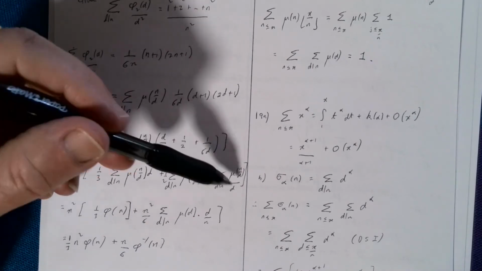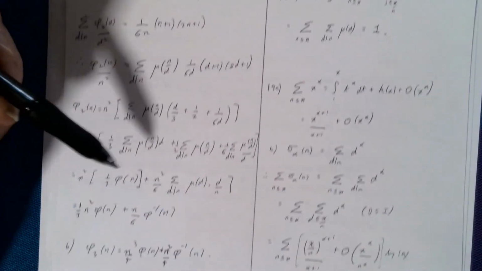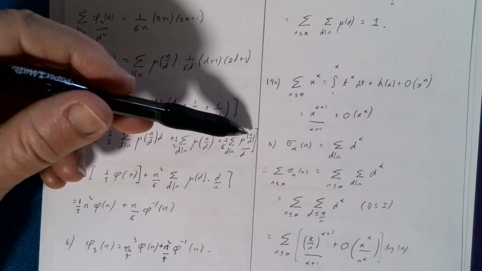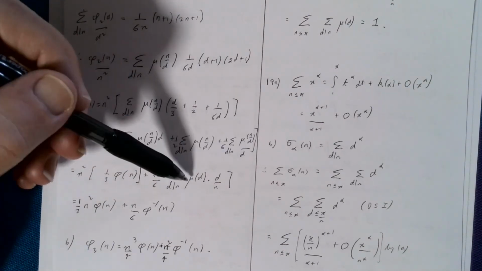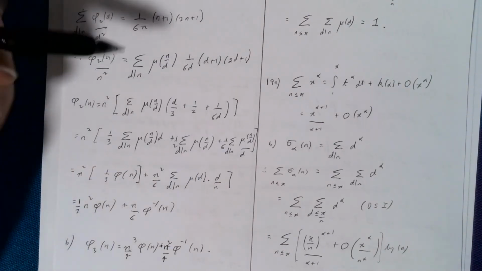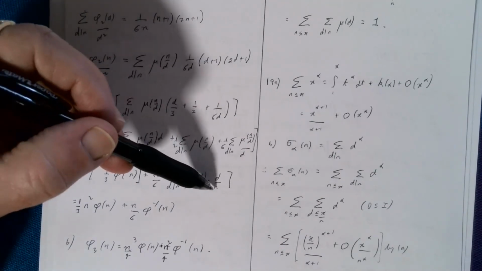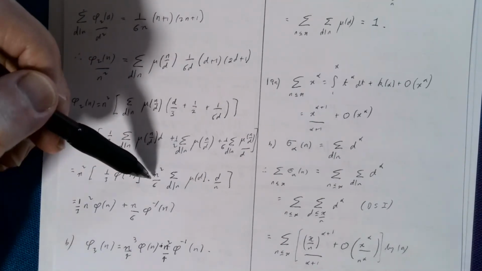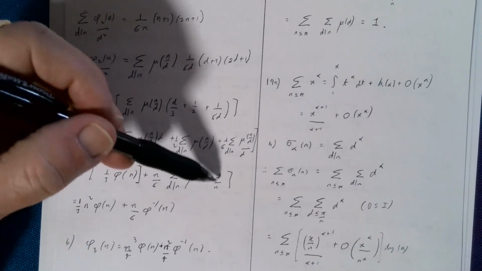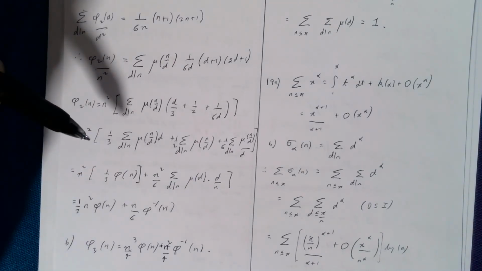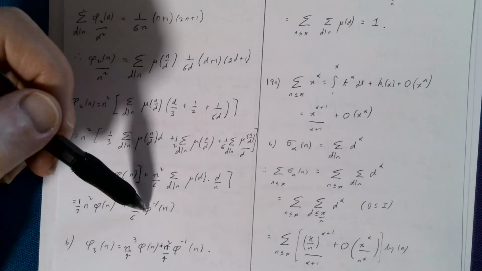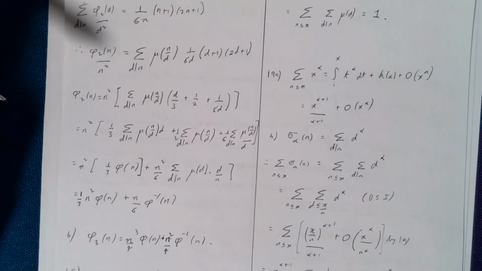I can just take the divisors in the opposite order and rewrite this as mu(d) over d, and I can take this n out here and cancel, and then this one here in fact gives us that product that we had in the question, but we've seen before this is just equal to phi inverse of n.